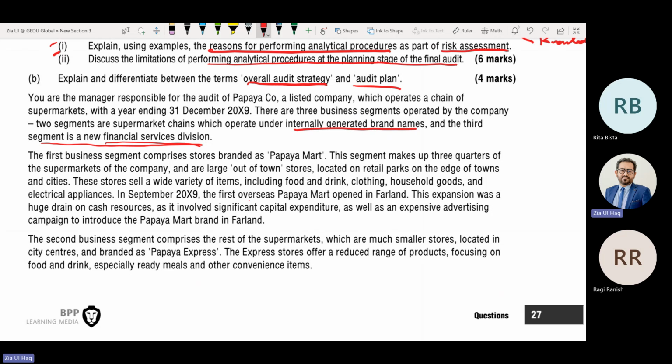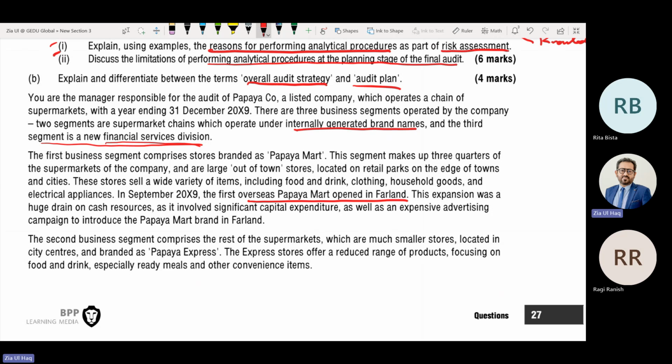The company has opened an overseas branch as well. This expansion was a huge drain on cash resources, and the company has invested a huge amount there, as it involved significant capital expenditure as well as an extensive advertising campaign to introduce the Papaya Mart brand in Farland.